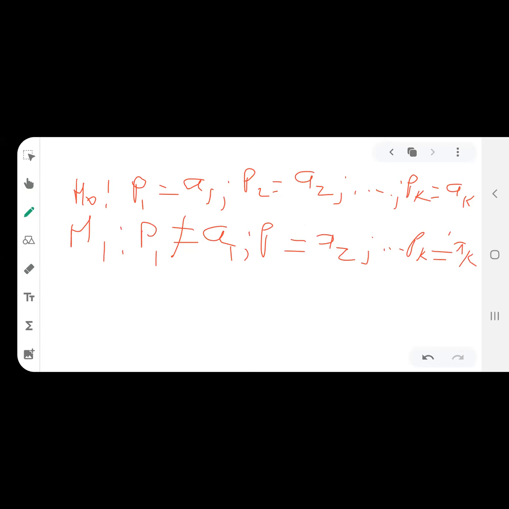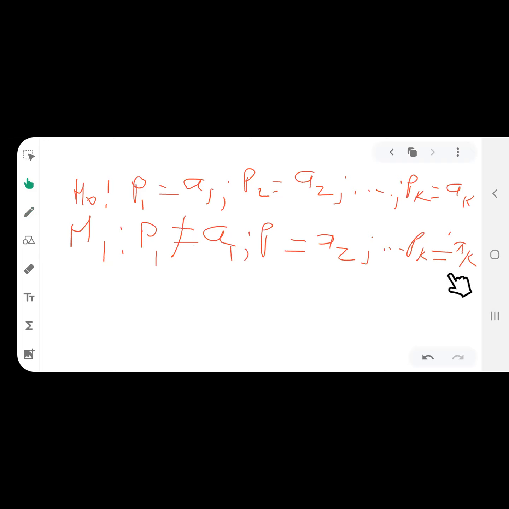So what you have to write there is that at least one Pi is not equal to its specified value. What I'm implying is that one of these P's, which is P1, is not equal to its specified value, but the other ones are equal to their specified values.